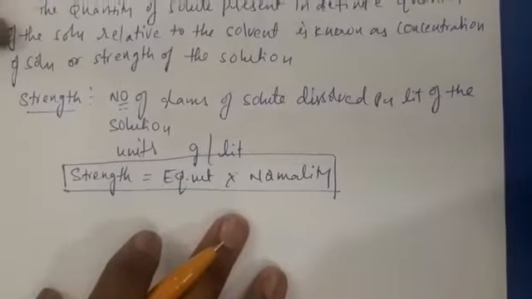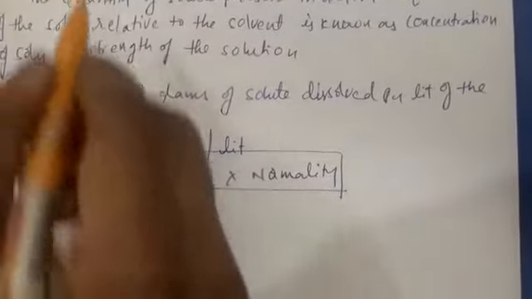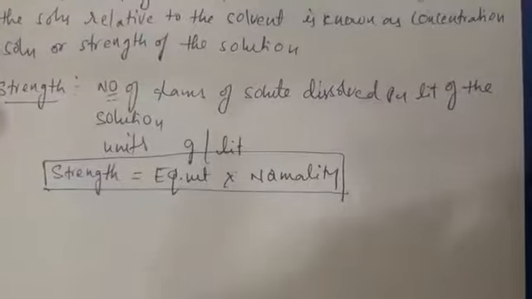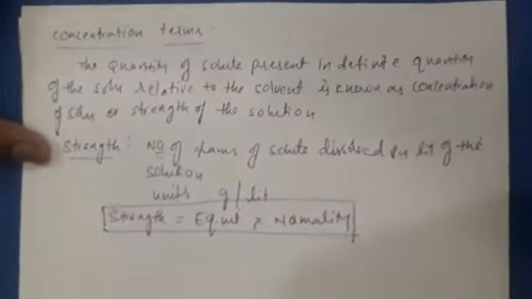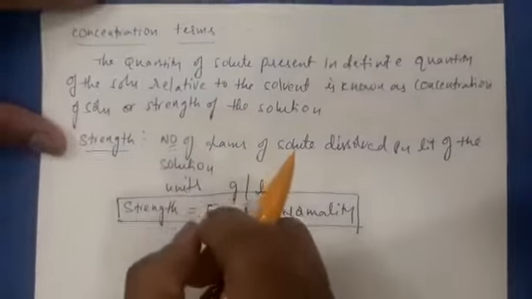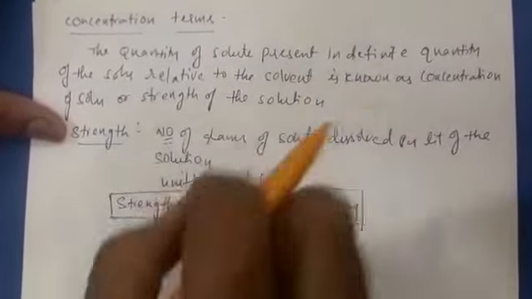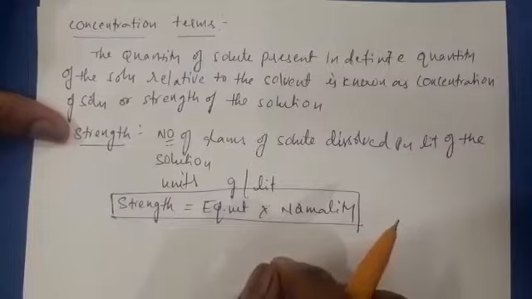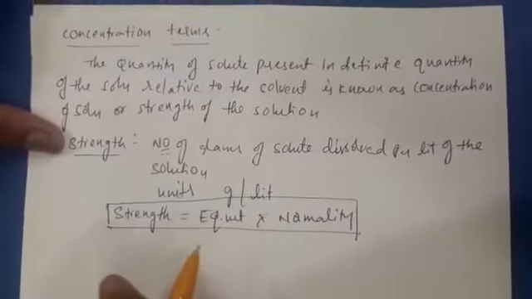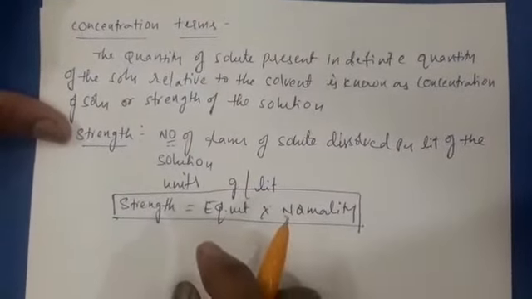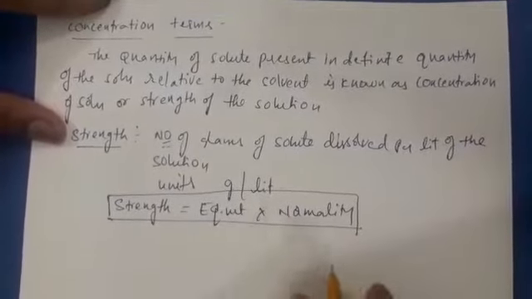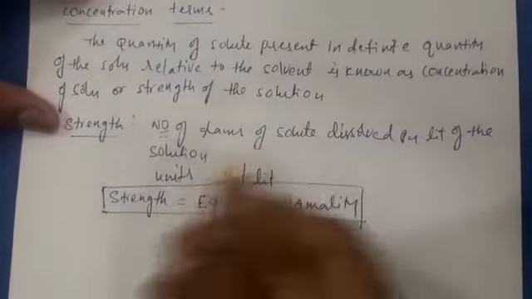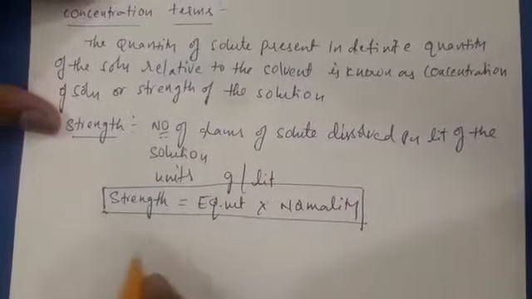Then here, concentration mainly depends upon the quantity of solute. If a solution has a lesser quantity of solute in it, that solution is called a dilute solution. If a solution has an excess quantity of solute in it, that is called a concentrated solution.